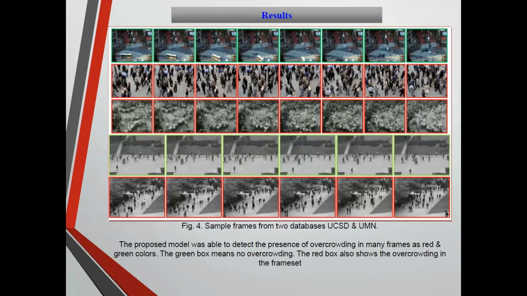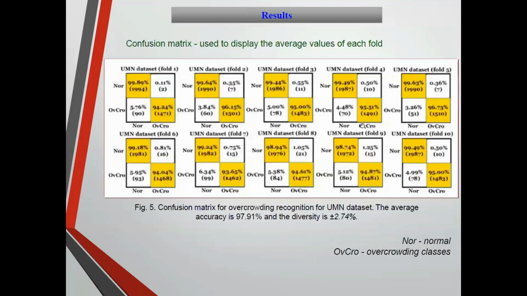Here a random fold of test data from the UMN and UCSD data sets is presented, meaning the average values of each fold. You can consider this for the confusion matrix, which I will show later. This is the UMN data set. Here UMN data set one has the normal case and overcrowd classes. As I informed you, there are 10 folds: UMN data set fold one, fold two, and so on.